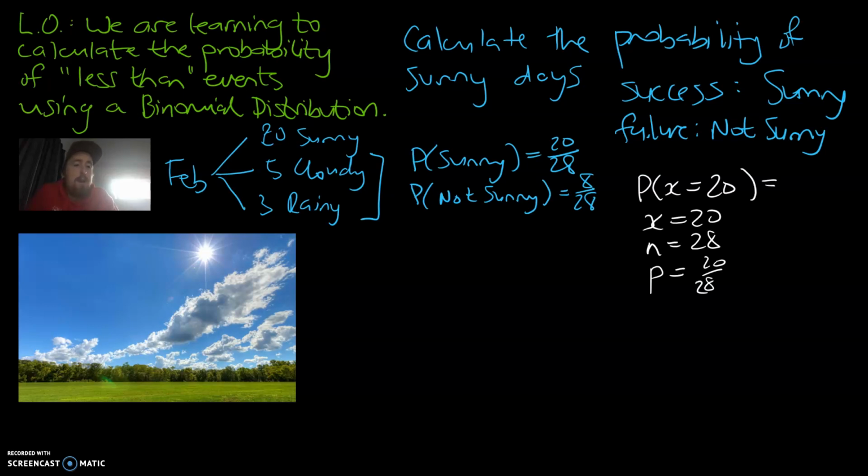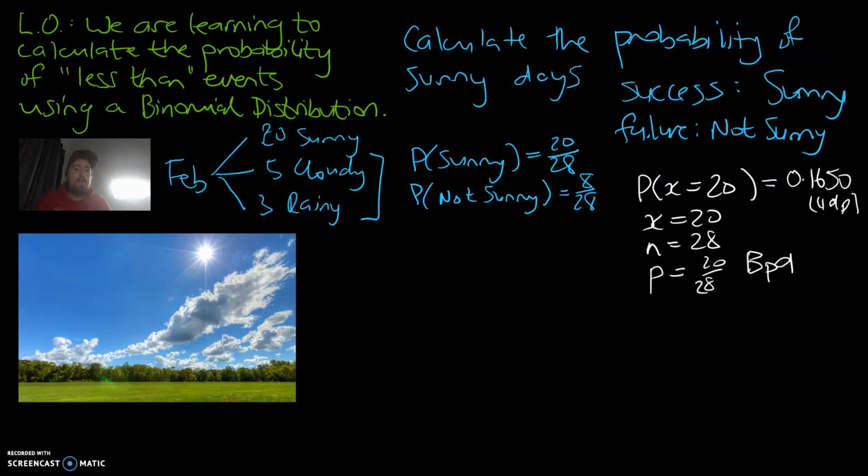If we put that in our graphics calculator using the BPD mode, we'll find the probability of there being exactly 20 sunny days in February. So BPD, X is equal to 20, number of trials 28, probability 20 divided by 28. The probability is 0.1650, rounded to 4 dp.